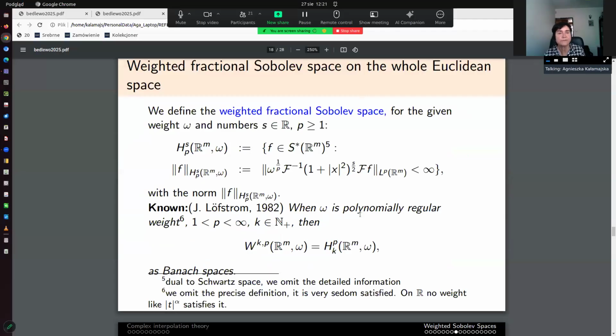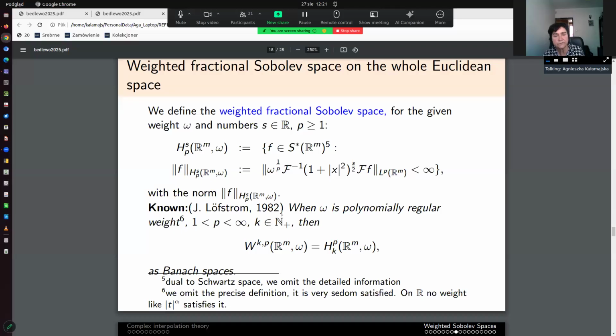Now there is a weighted fractional Sobolev space, a small modification of the previous definition. We have a Fourier transform. So up to now, it is the same definition as before, but we multiply that quantity by the weight omega raised to the power 1 over p and take the LP norm of that. So previously the weight omega was 1, no change, and now we have the omega.